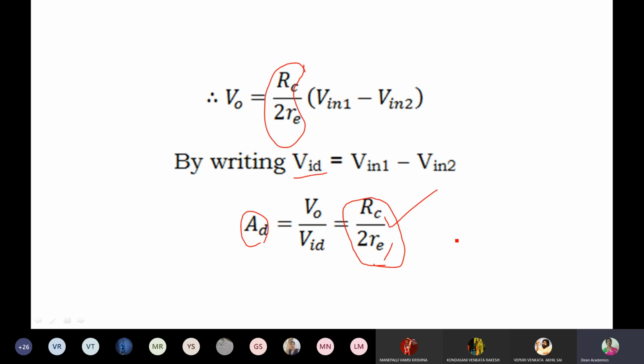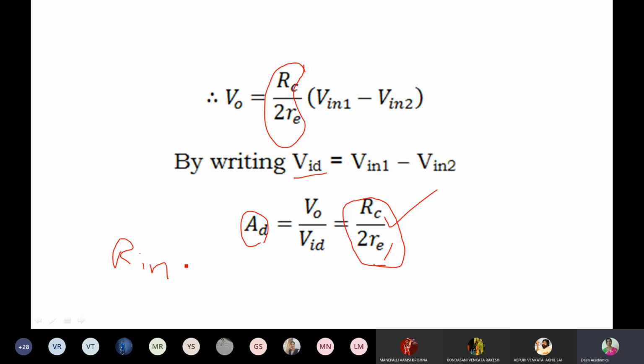Okay, yesterday we have seen that, and after that here itself I have mentioned the differential input resistance Rin1 and Rin2. That means dual input, unbalanced output. So both Rin1 or Rin2 you can calculate.